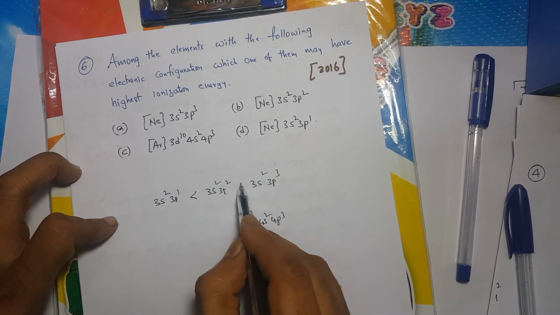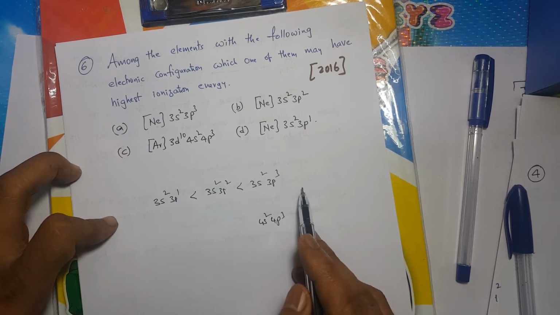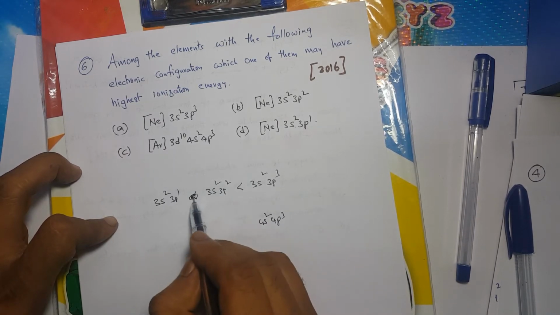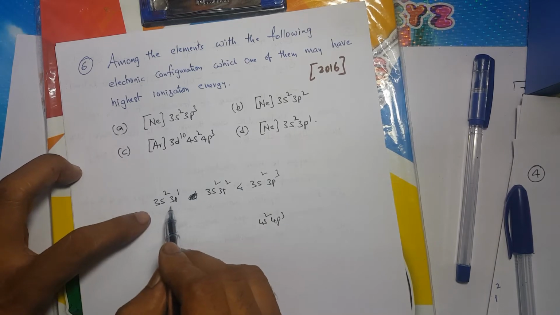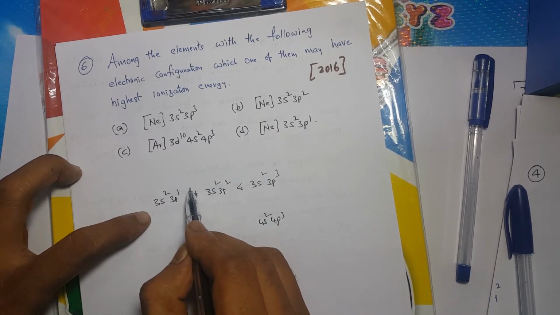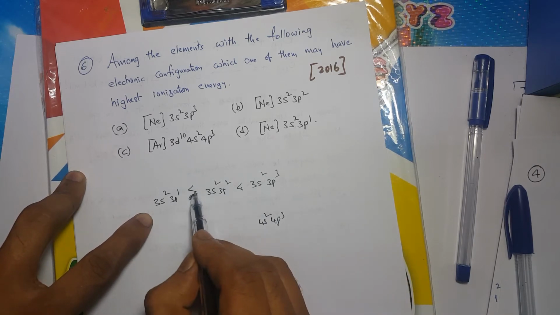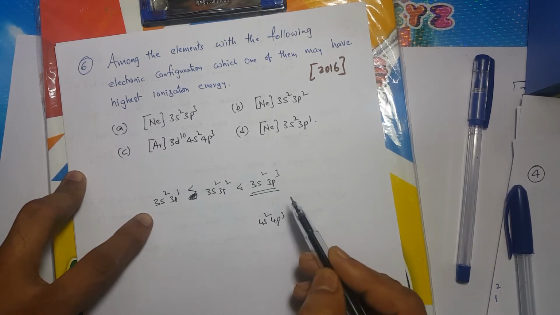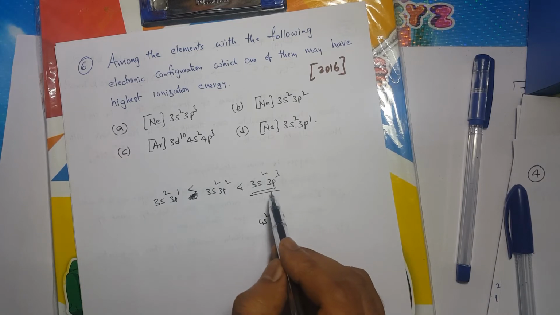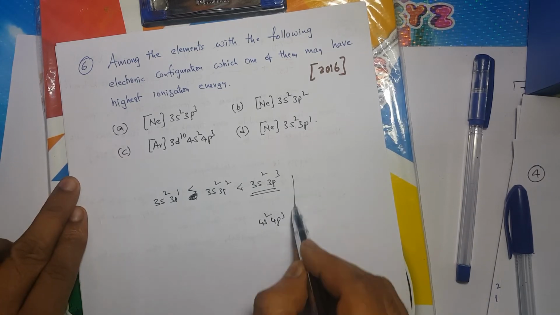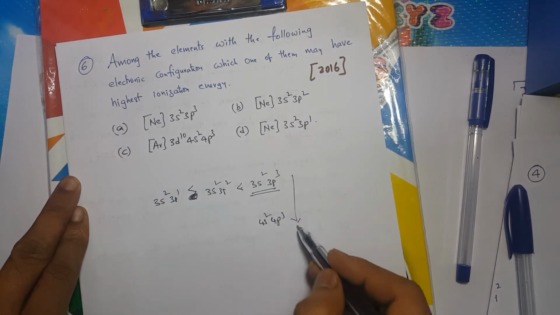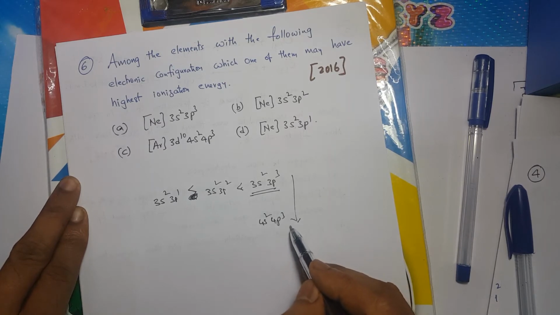In a period, the ionization energy should increase. In a period, usually from left to right, what happens? Atomic size decreases, so ionization energy increases. So even though it has a stable configuration, that's why it has the highest ionization energy. What happens in a group? From top to bottom, the ionization energy decreases because of the increase in size.